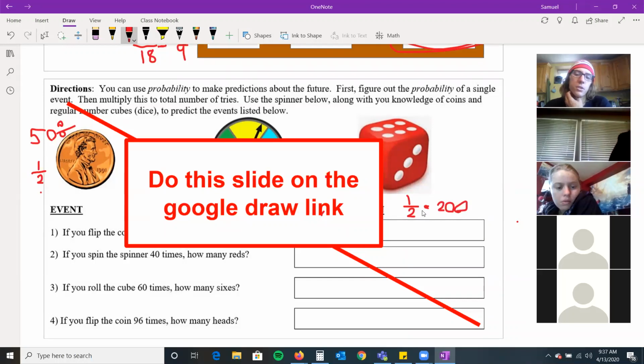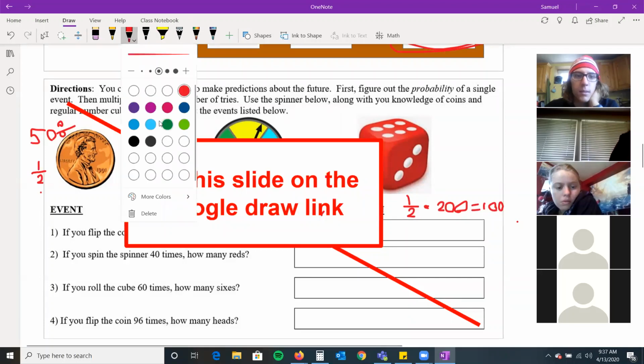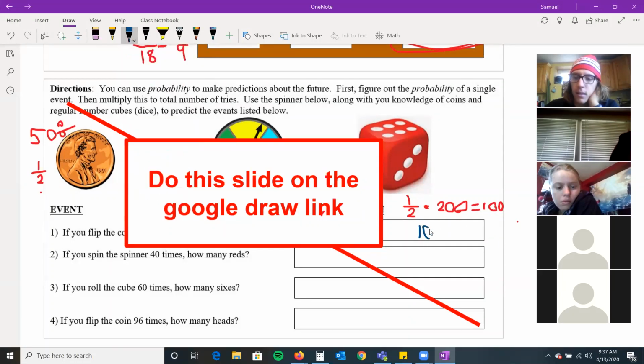Anytime you multiply a fraction by a number, it's going to make it smaller. If we do that here, 1 times 200 would be 200 divided by 2. So cut 200 in half would be 100. Right? So our prediction would be about half, about 100.